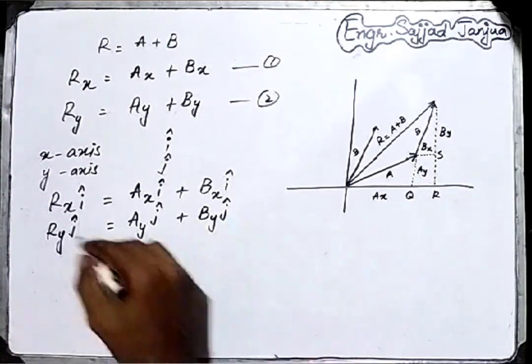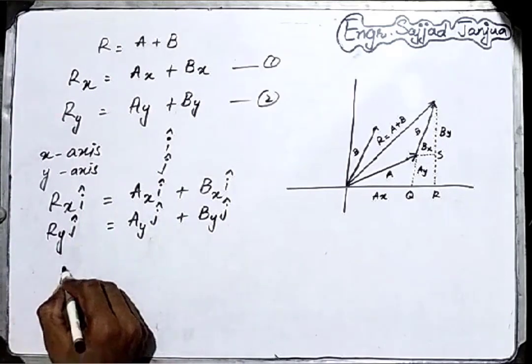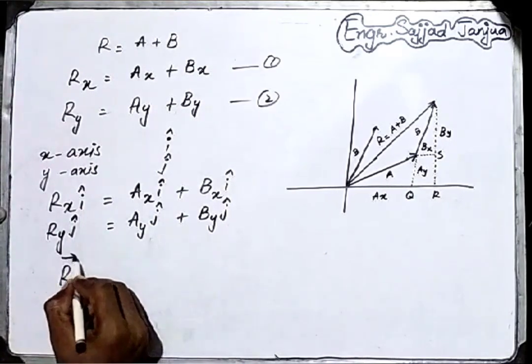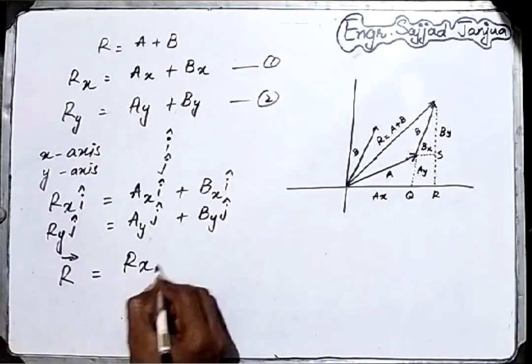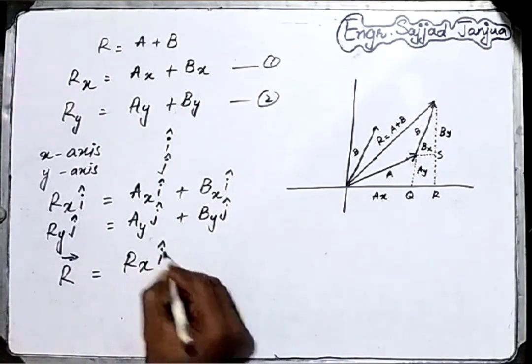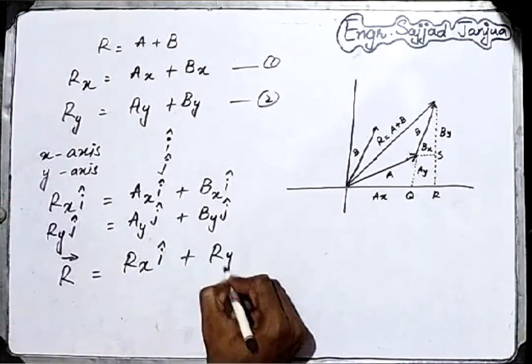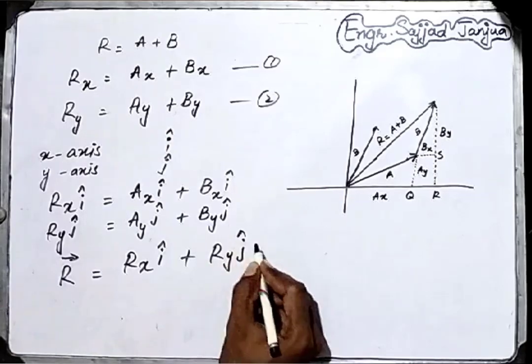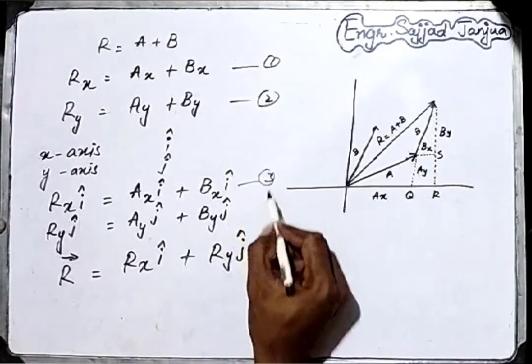Now we have the resultant of these vectors R, and this will be equal to Rx i plus Ry j.